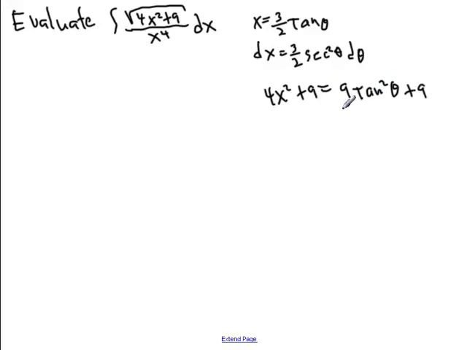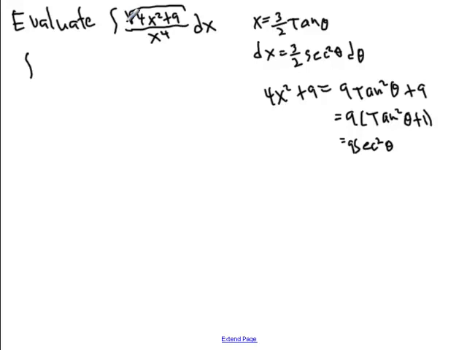Okay, and then if we factor out our 9, we get tangent squared theta plus 1, which of course is secant squared theta, times 9. Let's plug that in and see what we get.